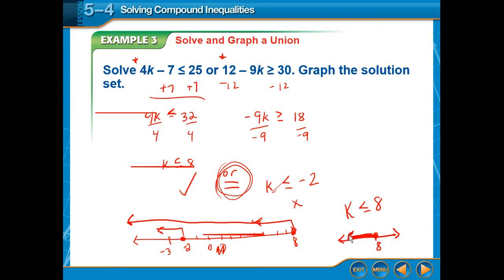I don't have to worry about that negative 2 because it's implied. If something is less than negative 2, it's obviously less than 8 also. Okay, so we don't have to include that. And that is 5.4.